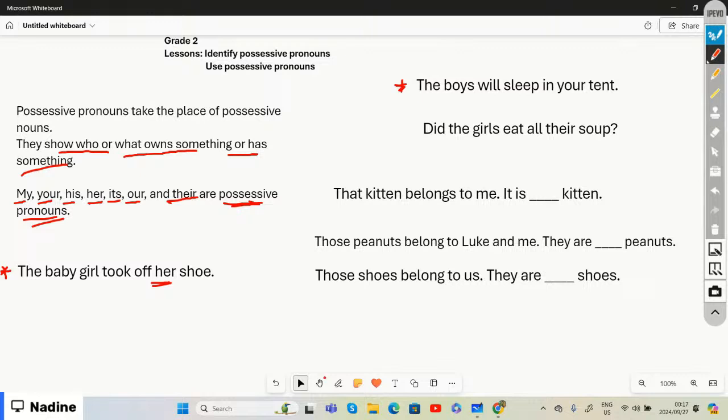The boys will sleep in your tent. What do you think is the possessive pronoun within that sentence? If we were to select the possessive pronoun, then we can say your tent, because your is a possessive pronoun. Whose tent is it? It's in your tent.